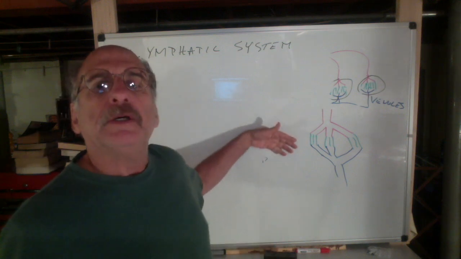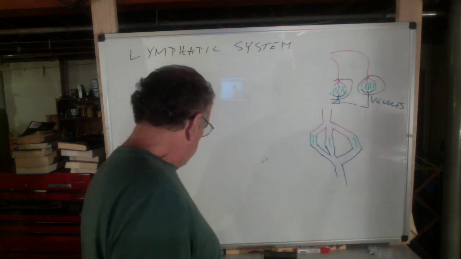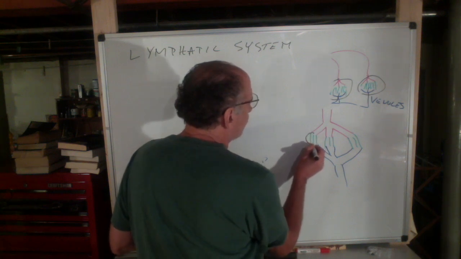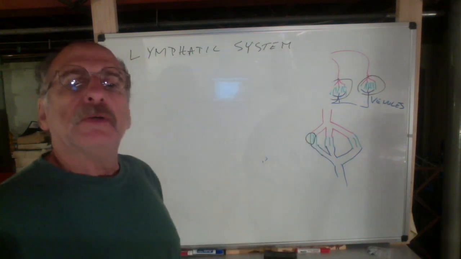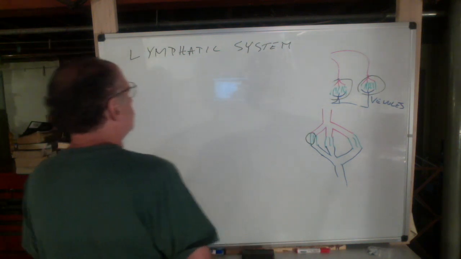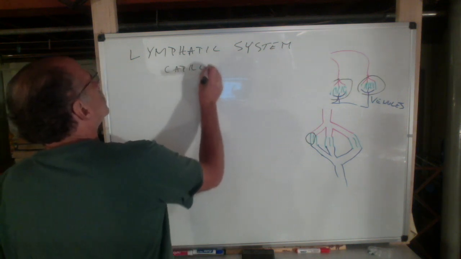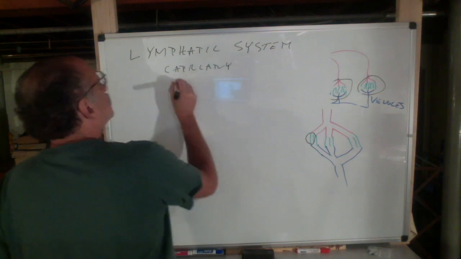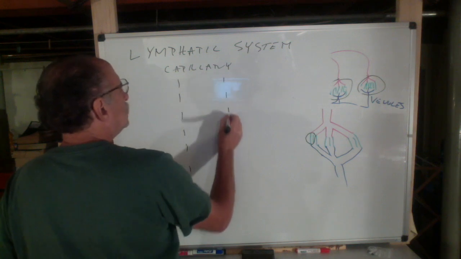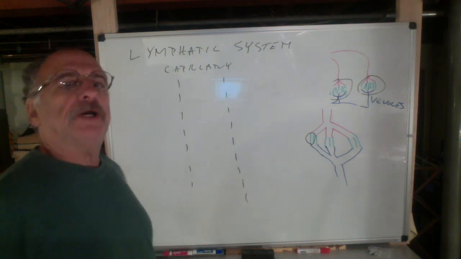The green are the tubes, the microscopically thin capillaries where exchange takes place. Now what I'm going to do is take one of these microscopically thin capillary tubes, and I'm going to magnify it. Well, first let's label it. We'll label it as a capillary.